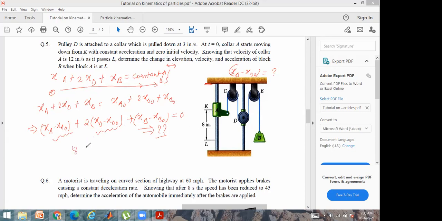That means 8 plus 2(xD minus xD naught) plus (xB minus xB naught) is equal to 0.